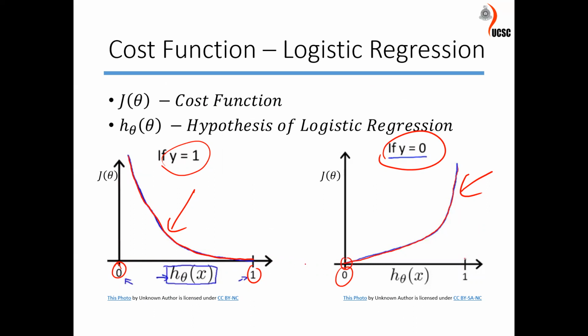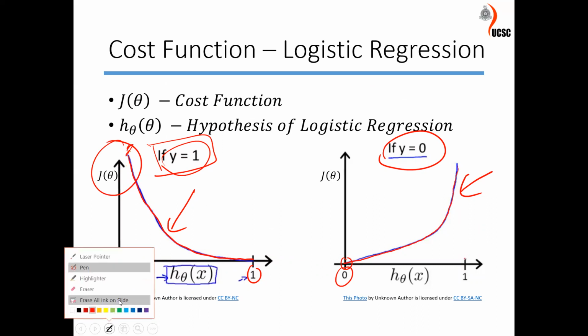In other words, if our y equals 1 and our hypothesis gives 0, the cost will be huge.